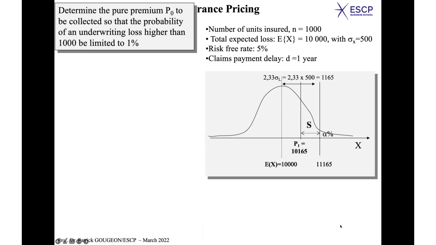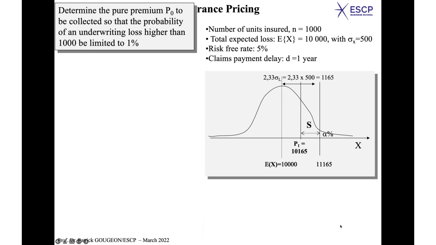Okay, we come back to the same graph. In this case, the difference is that the probability is 1% rather than 2%. So if we look at the limit for alpha percent equal 1%, we have to take 2.33 times the standard deviation. And we find a distance between the expected value and the limit for 1%, which is 1,165.